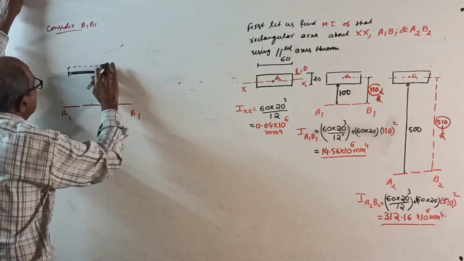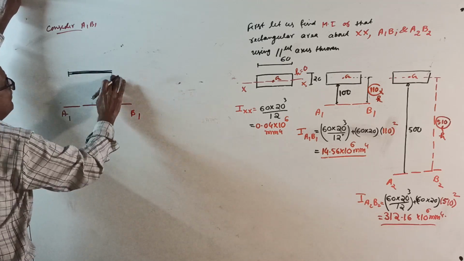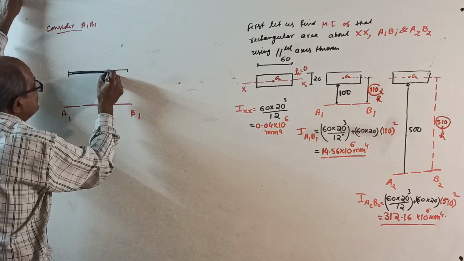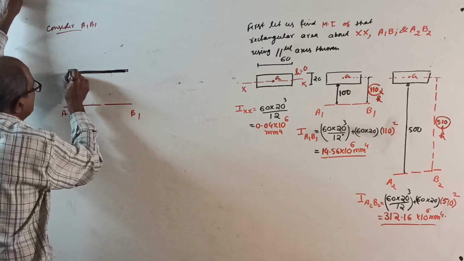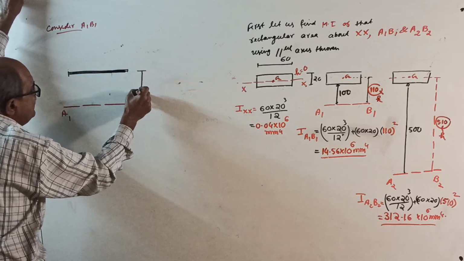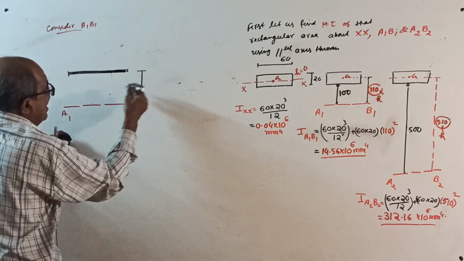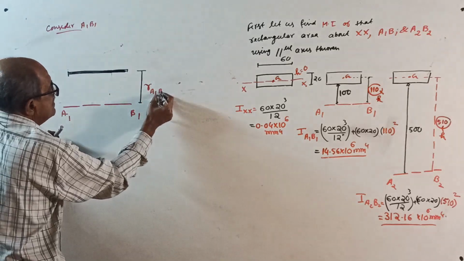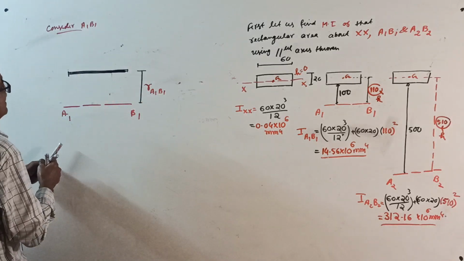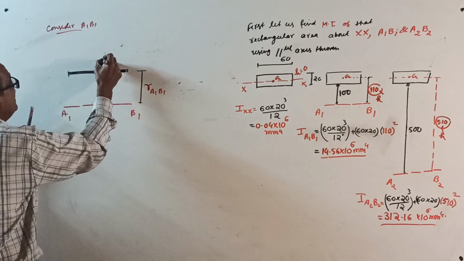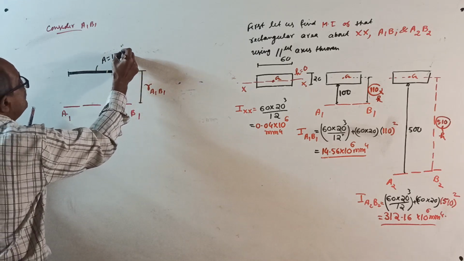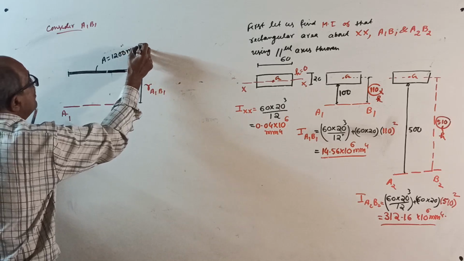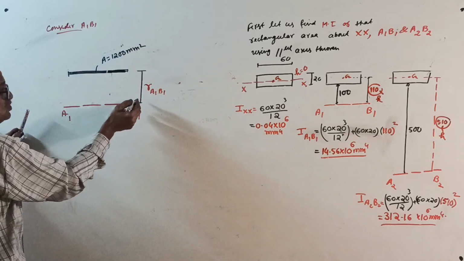Remove this one. The width will increase, with a very small thickness, so that this is your R with respect to A1B1. The area is still 1200 only. It will not change.